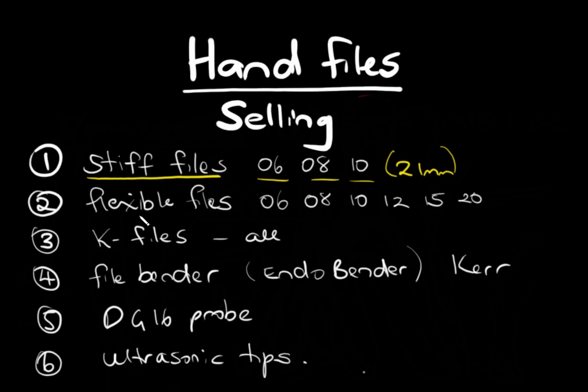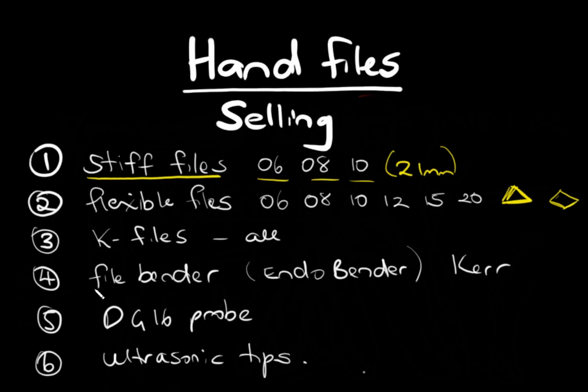Also sell or attempt to sell some flexible files, and these, remember, the triangular cross-section files, of which there are many. Triple flex, or even the rhomboidal ones, the K-flex files, the rhomboidal ones. And then you've got the standard K files, and these can be in all lengths.